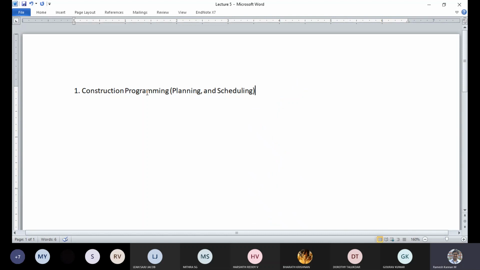So this comes under programming, and you can probably categorize that in different ways. You can subcategorize that into preliminary, then intermediate, then, this is very important, detailed or final.